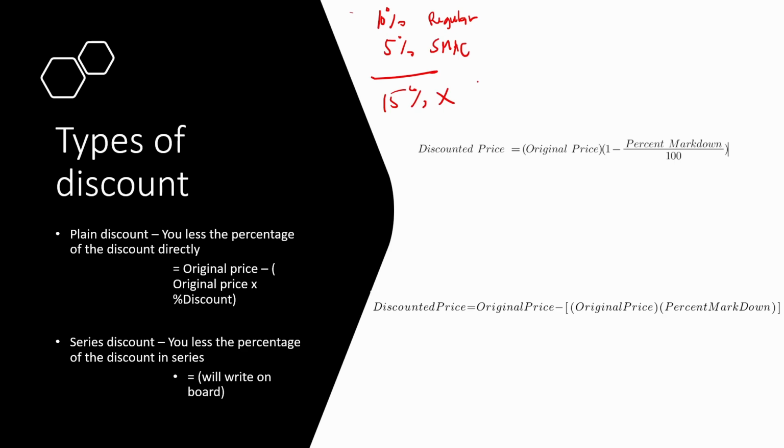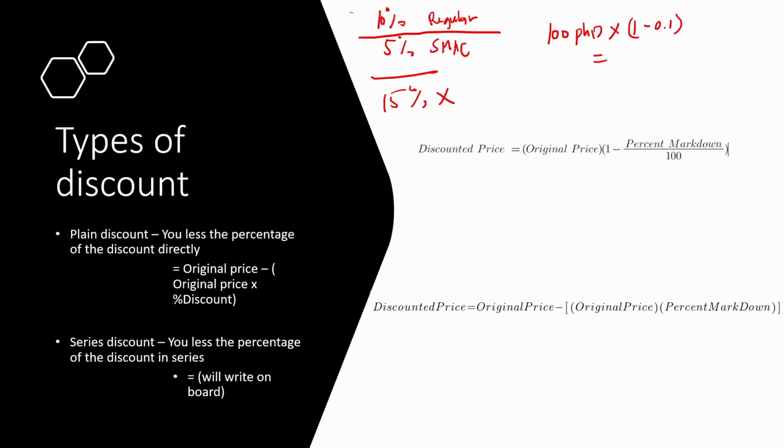That's wrong. You're going to get the wrong answer. What you're going to do instead is separately discount the price. Like for example, you have 100 pesos. You need to apply the 10% discount and you will get the discounted price.